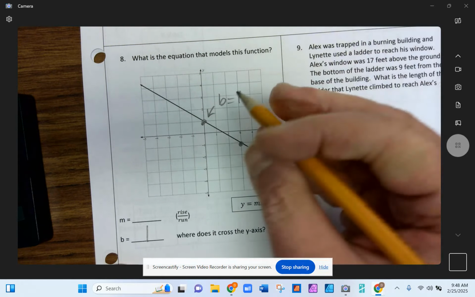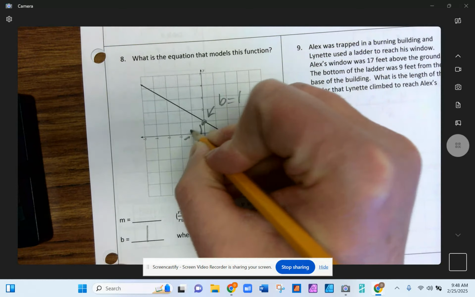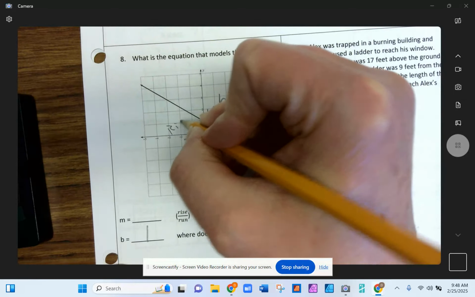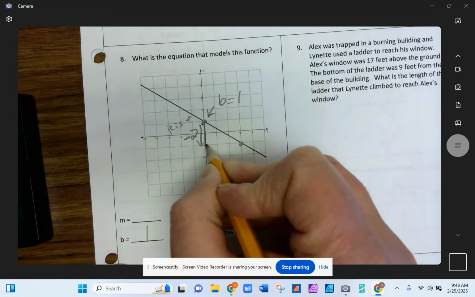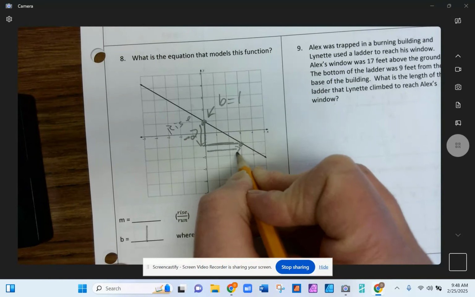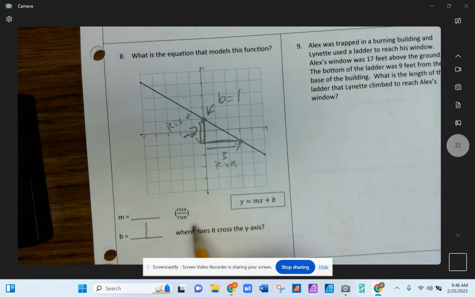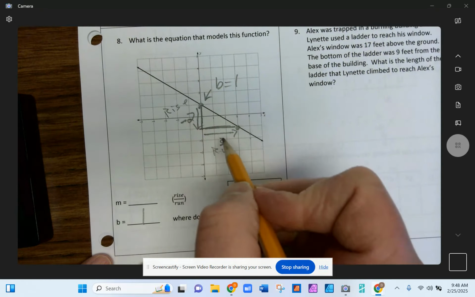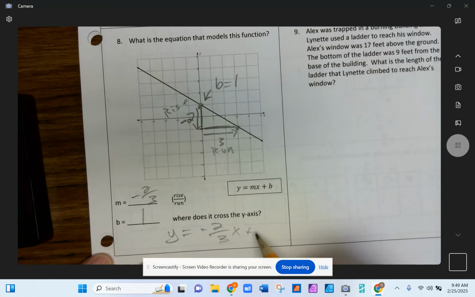Then you figure out how far you go down. I'm at -2. That's our rise. Since I'm going down, it's negative. Then for our triangle, we go to the right 3. That's our run. So rise over run is -2 over 3. When we put our equation together, y equals -2/3 x plus 1.